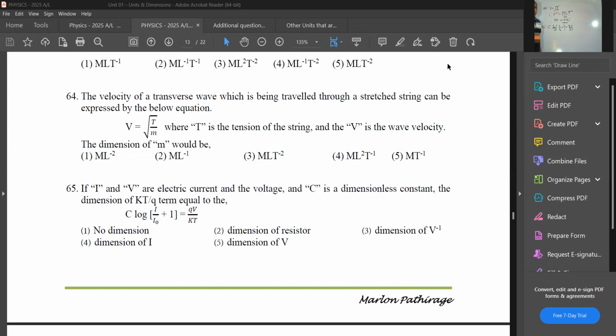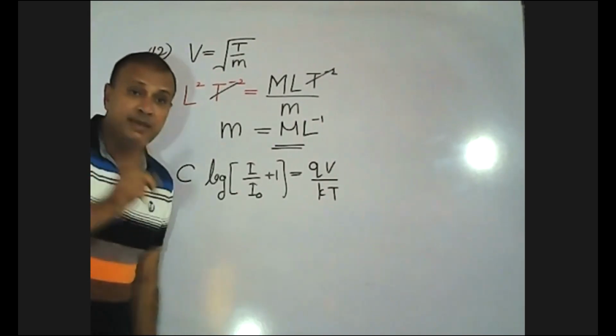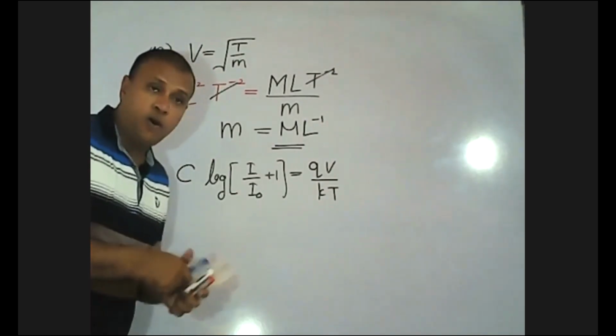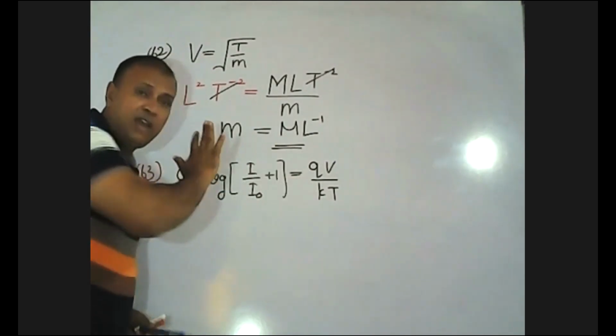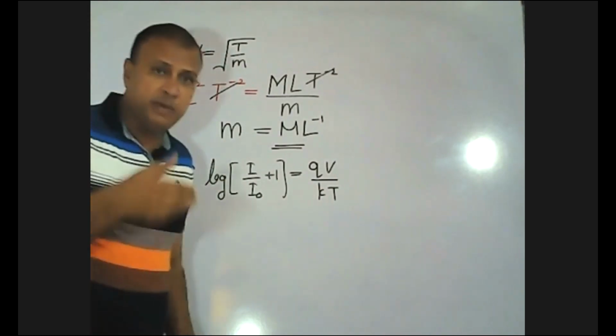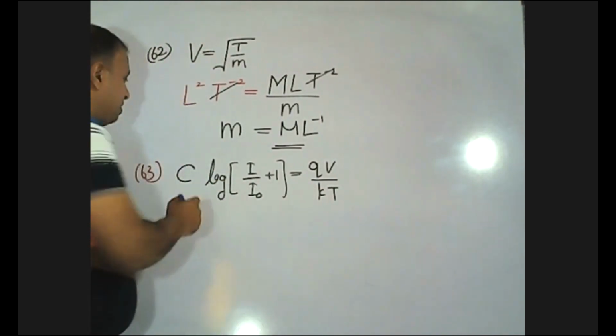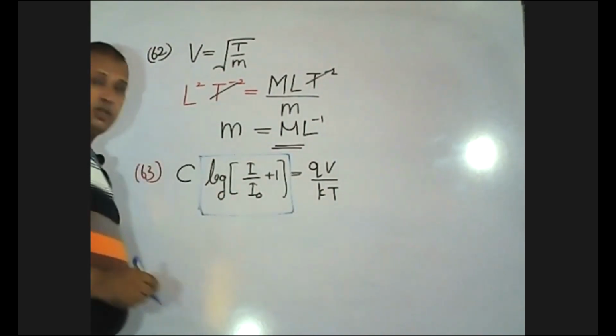C is a dimensionless constant. If C is a dimensionless constant, you know the log function doesn't have a dimension, no? Because the log function is a numerical value. So this one does not have a dimension.